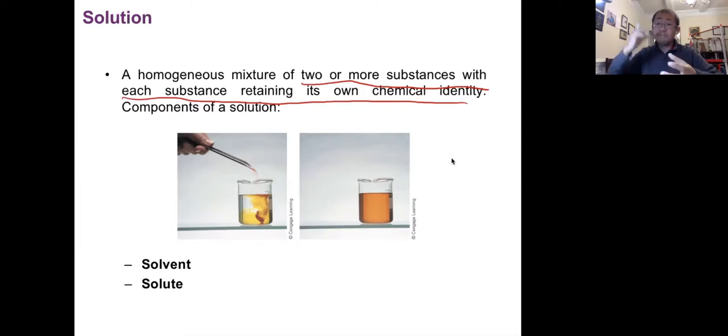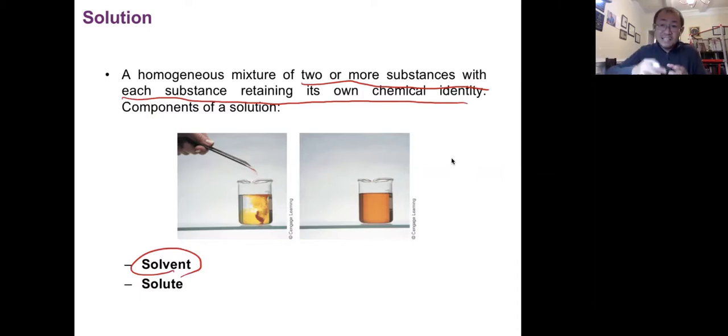In a solution, because we have multiple components, we have names for these components. The one that exists in major amount is called the solvent.